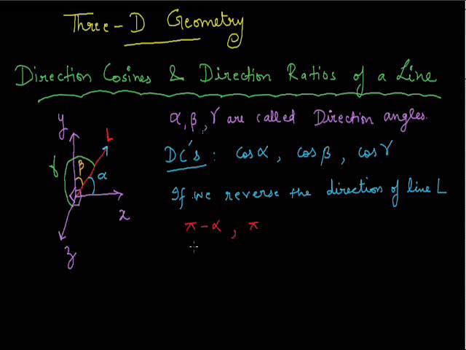So the angles would be pi minus alpha, pi minus beta, and pi minus gamma.